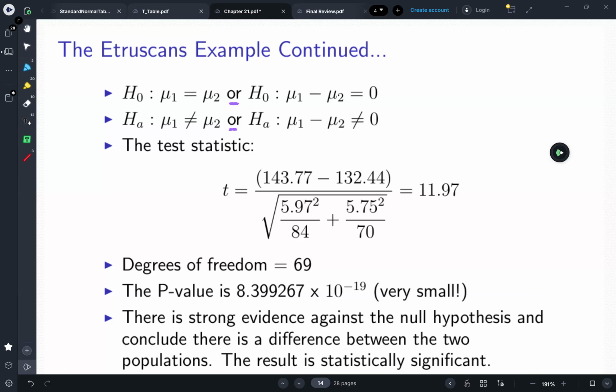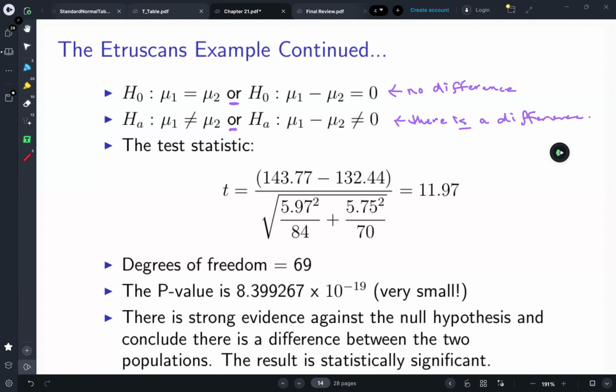So this means no difference, and this means there is a difference. And then we calculate the test statistic. We get 11.97. We're using 69 degrees of freedom.